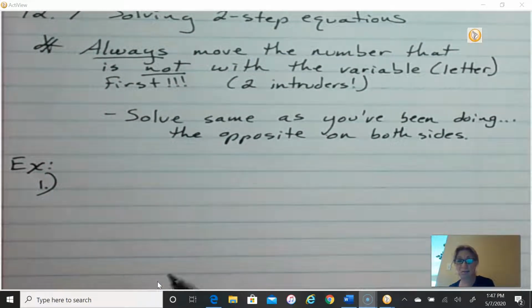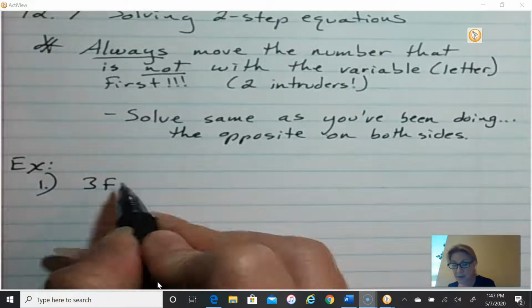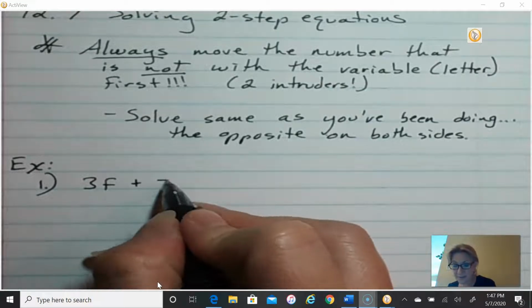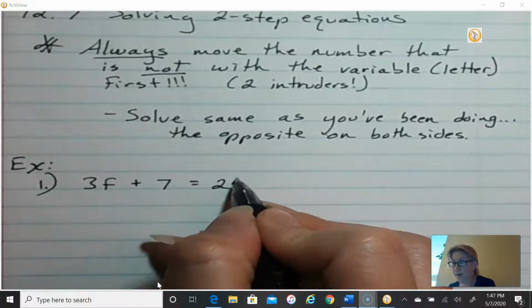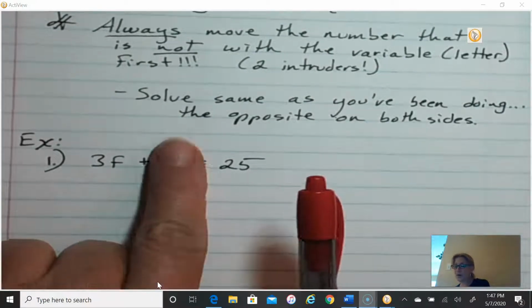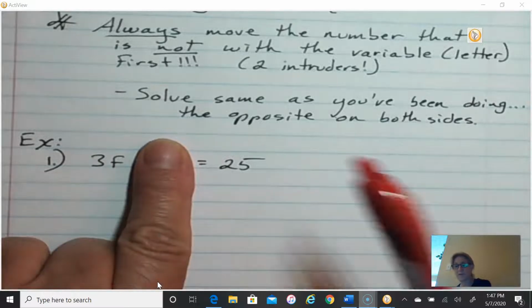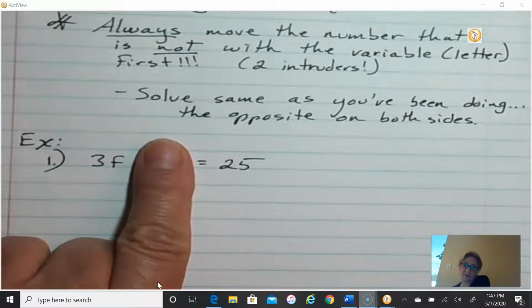No, this is not number 1 in your book. This is just an example. 3f plus 7 equals 25. Notice, before, it would be like your last homework, which looked like 3f equals 25, and we divided both sides.